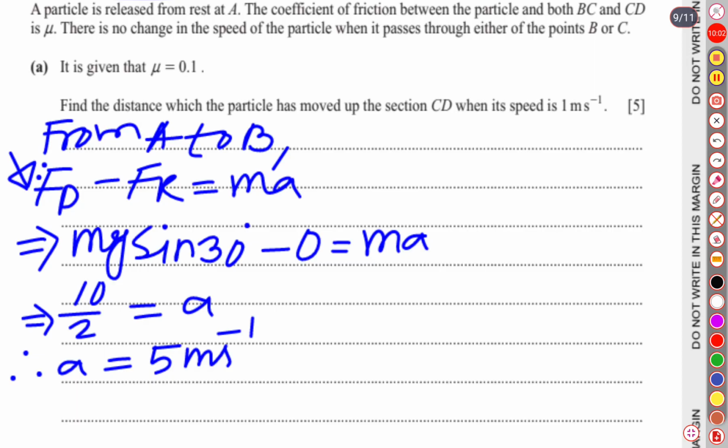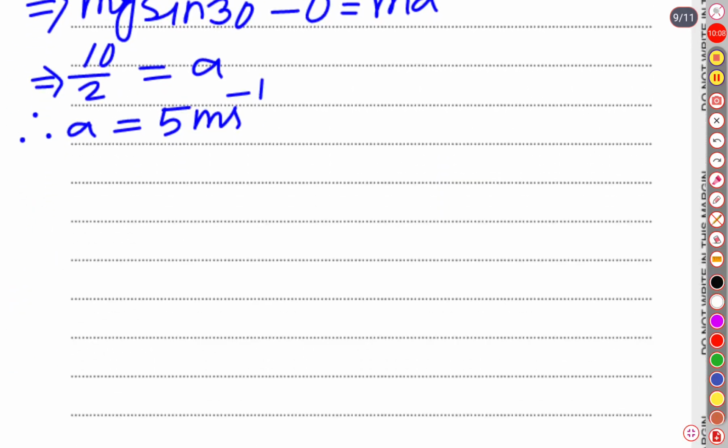Let's see the next part. So we can write from B to C. Remember, we will have to solve the question stepwise because there are three different parts with different coefficients of friction.